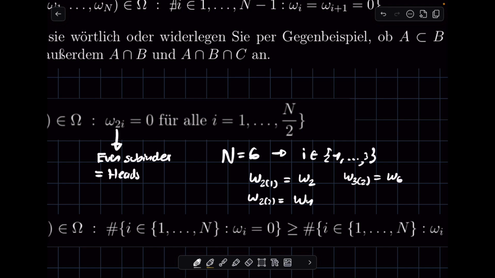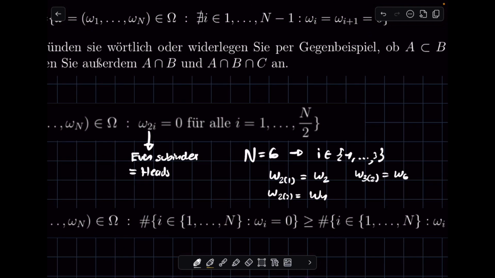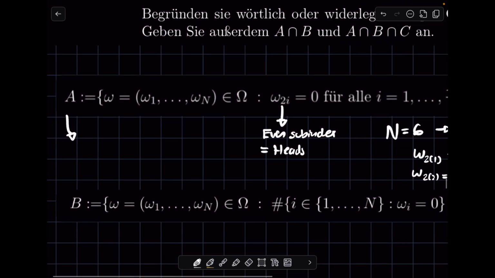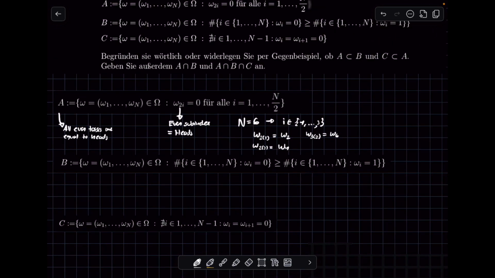So as you can see, basically this rule tells us that all sub-indexes where we have an even number, we'll have equals to heads. That's it. So we can write here all even tosses are equal to heads, right?